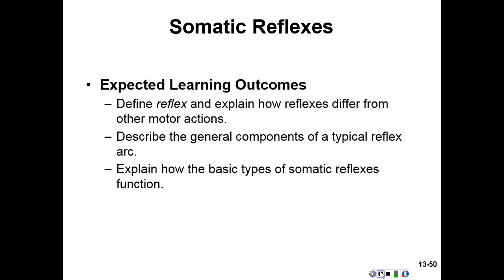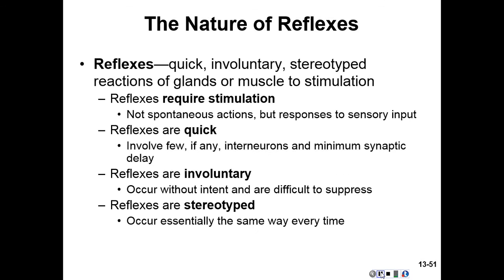All right, reflexes, coming up toward the end. We have our spinal reflexes, our reflex arcs, and somatic or body reflexes. Reflexes are quick and involuntary. When they say stereotyped, that means if I use the same stimulus, I should get the same type of response.